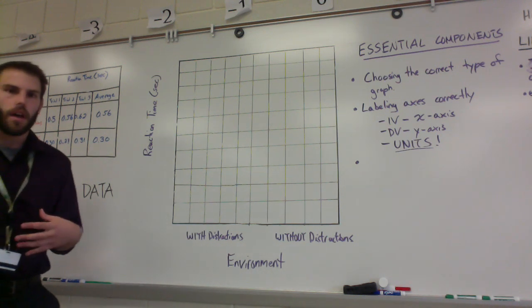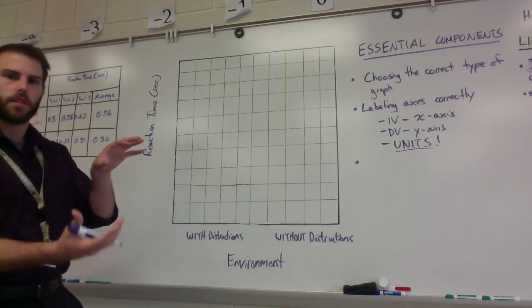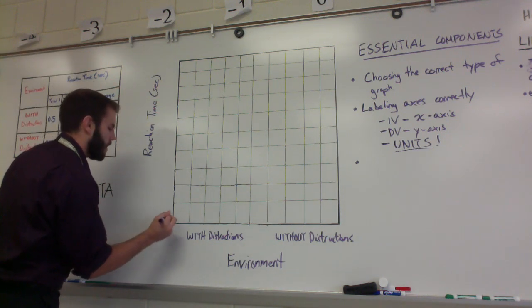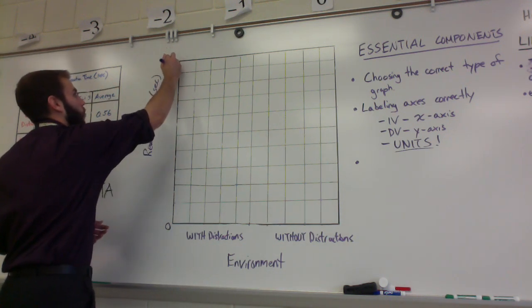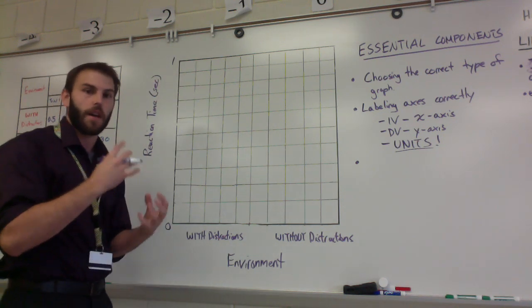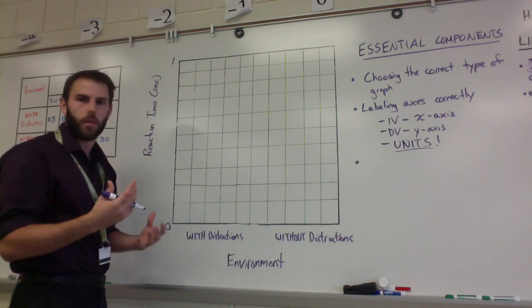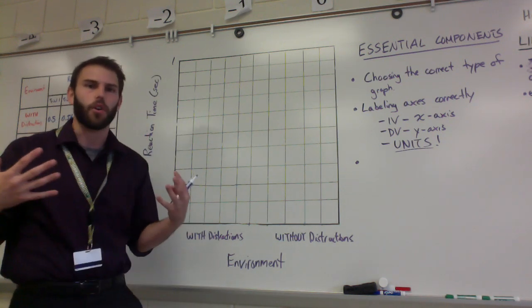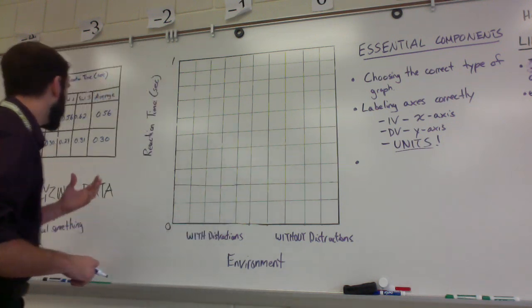In general, this is kind of like in the range between 0 seconds and 1 second. So I'm going to make this 0, and I'm going to make this 1 second. And I know that my data is going to be able to fit within this graph. Not only that, but it's going to be able to fit pretty well, right? If I put 10 seconds up here, my bars would be really, really small, and I really couldn't get a whole lot of meaning out of it. All right.